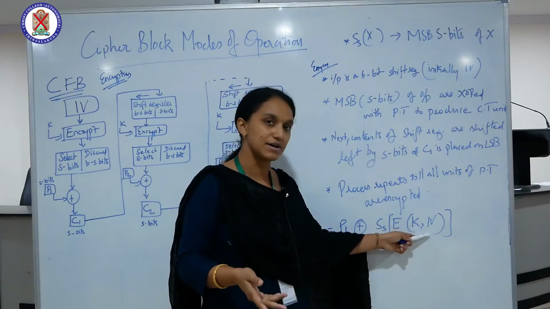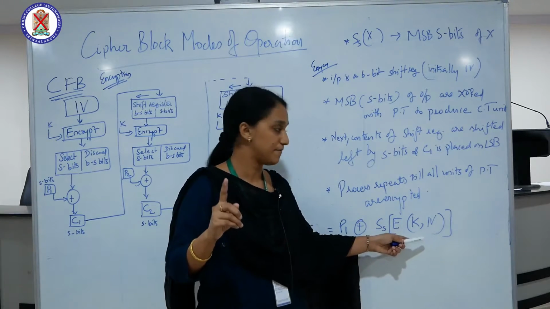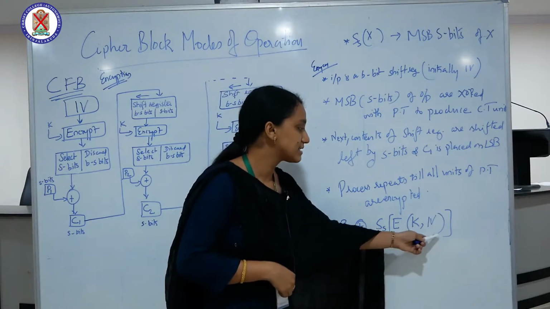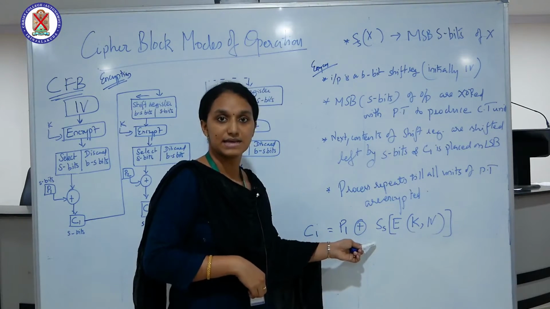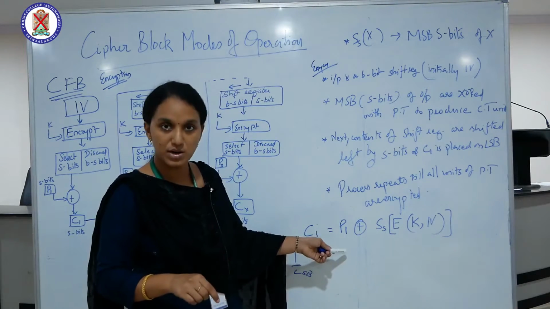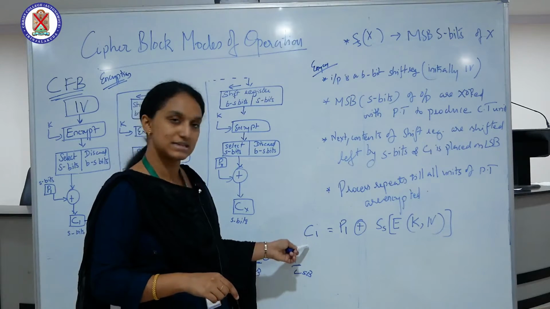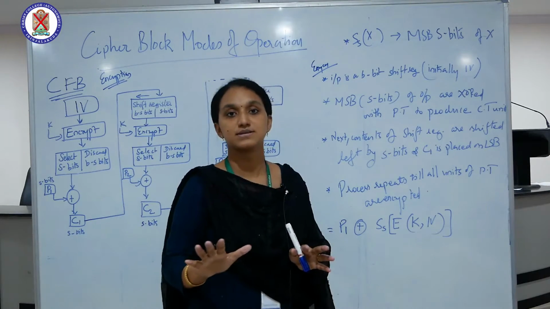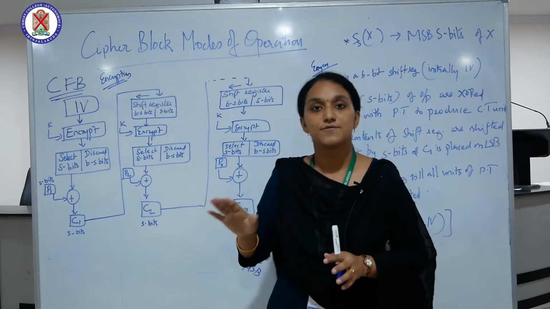So what is the input here? It's the initialization vector for the first one. I have written the equation for this first unit. So the S bits of that value will be XORed with the S bit P1 to get the corresponding C1. Clear? So this is the encryption process of cipher feedback mode.